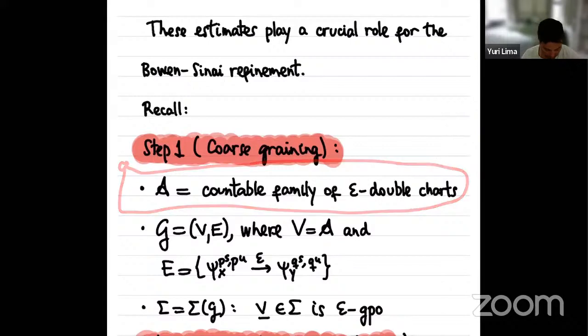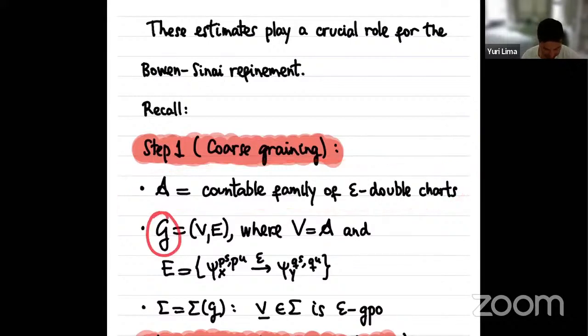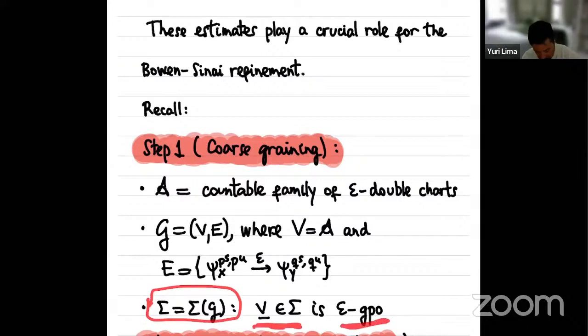Associated to it, we have the graph, whose vertices are the double charts and whose edges are defined by those 4 conditions that we introduced. This gives rise to the symbolic space sigma, whose elements are exactly the epsilon generalized pseudo-orbits. So this completes the first step in the construction.